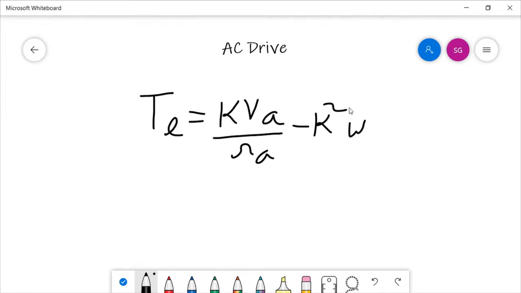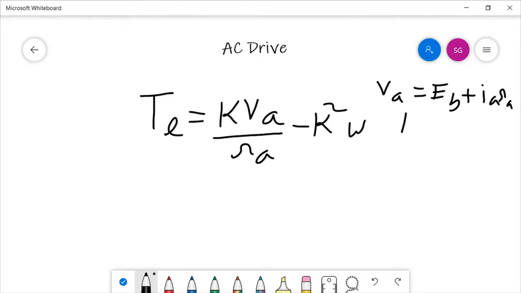This equation can be derived with the basic three equations. The armature circuit equation: VA is equal to EB plus IA RA, where EB is the back EMF and IA is the armature current.